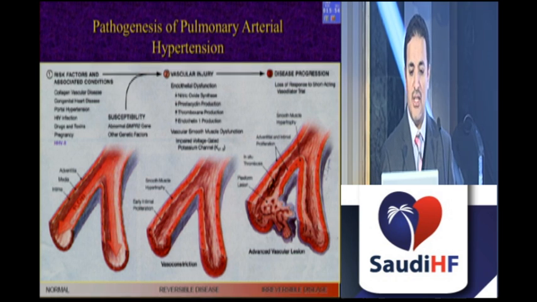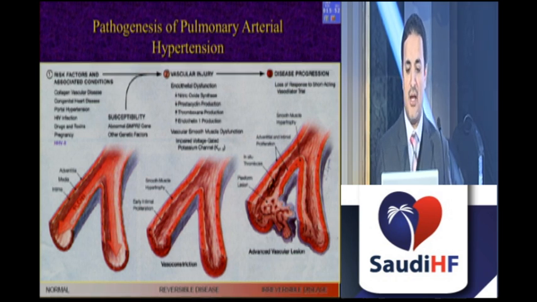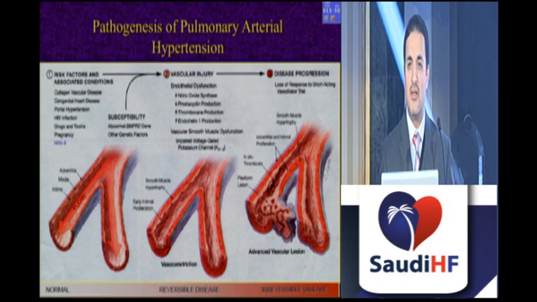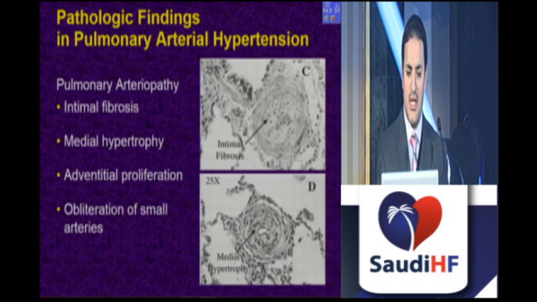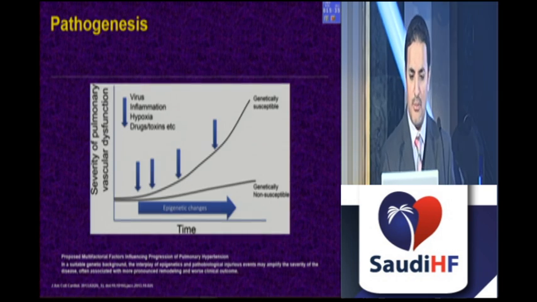This eventually leads to arteriopathy of the pulmonary vessels in the form of intimal and adventitial proliferation and medial hypertrophy and thrombosis in situ, which characterizes the plexiform lesions that we see in pulmonary hypertension pathology.